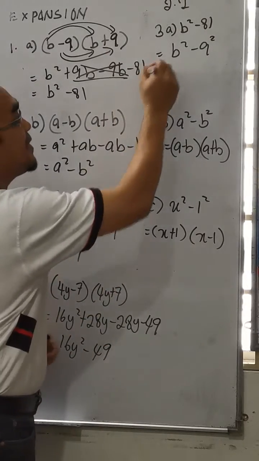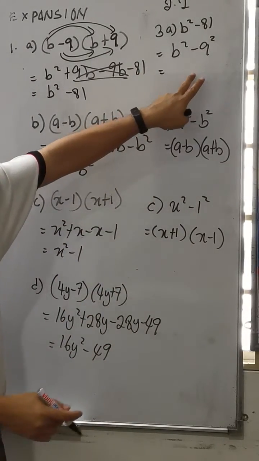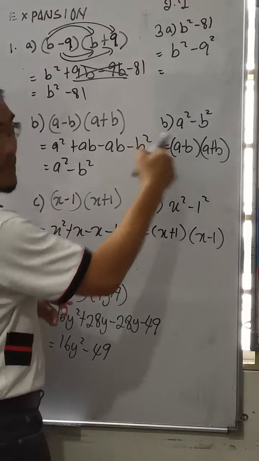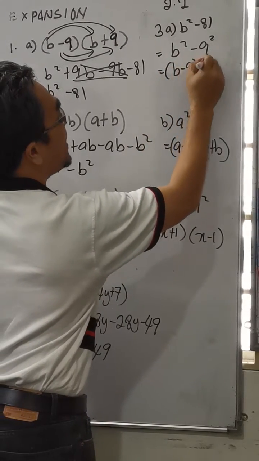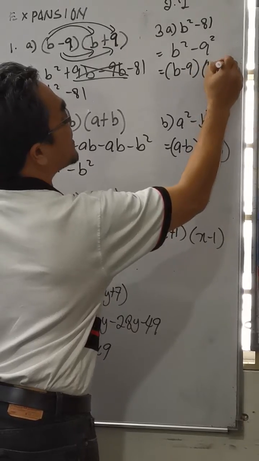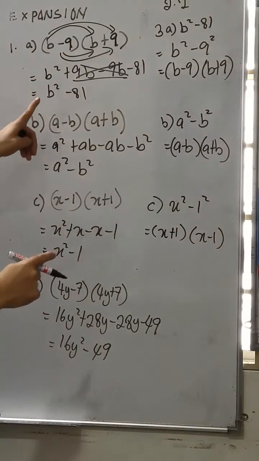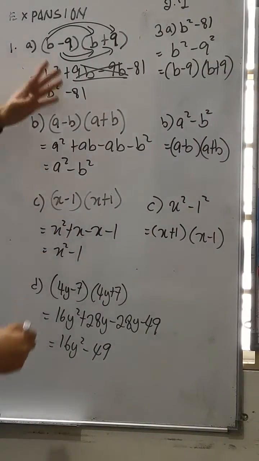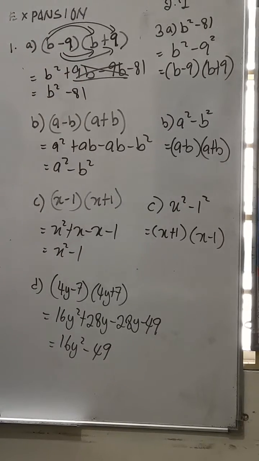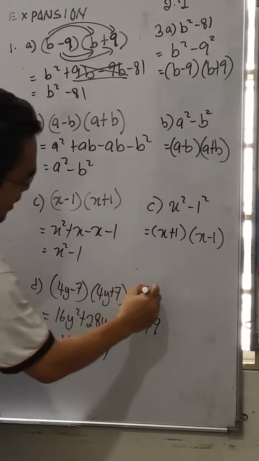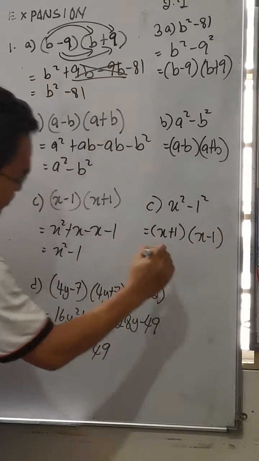So after you have made it into this pattern, write down like this: b minus 9 and b plus 9. Okay, so factorization is always the inverse of expansion. Okay, and the last one, the d.